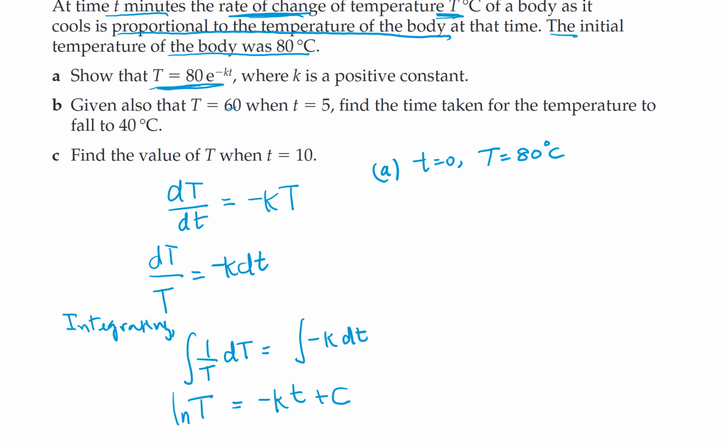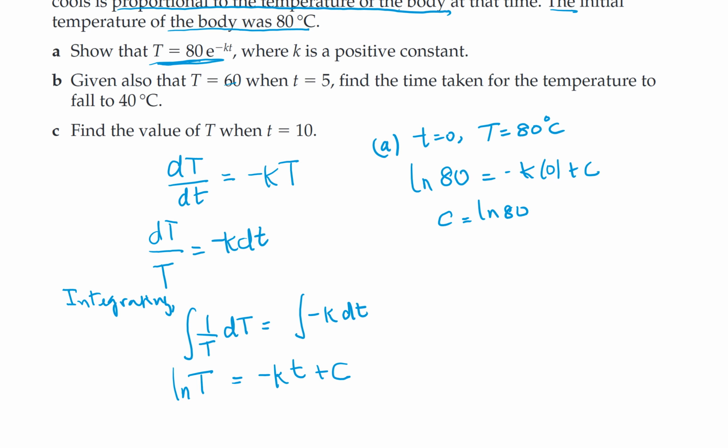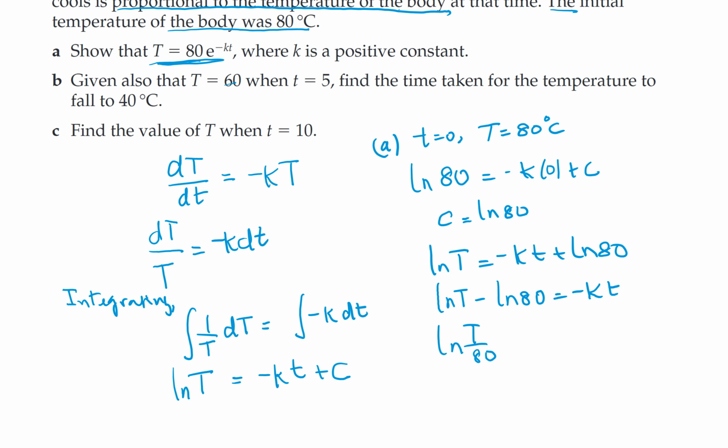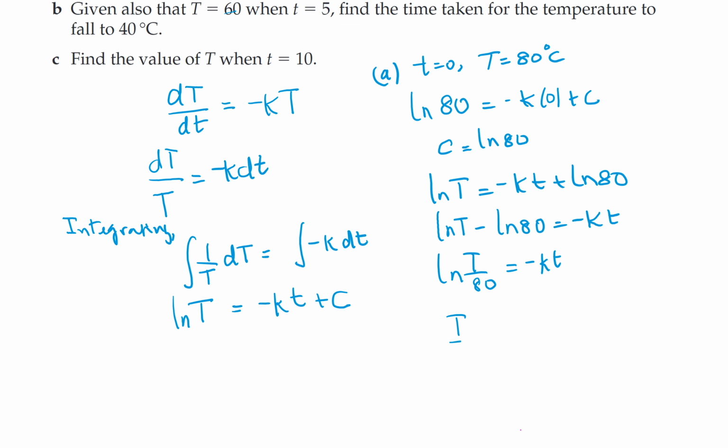So I can write ln 80 is equal to minus k times 0 plus c, so c is equal to ln 80. Substituting, ln T over 80 is equal to minus kt, and then raising it to the power of e, T over 80 is equal to e to the power minus kt.